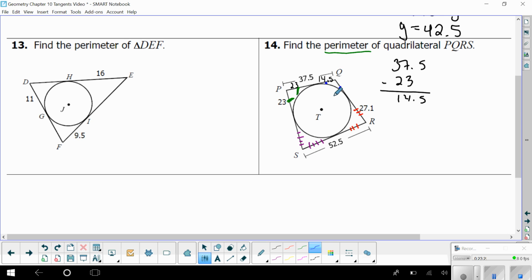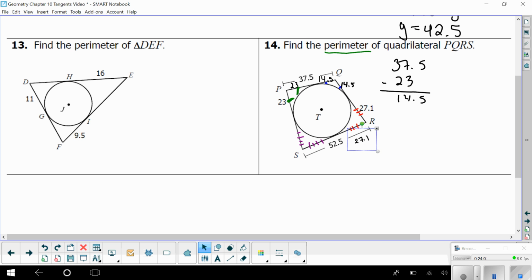Okay, so if that's 14.5, this right here has to be 14.5. If that's 27.1, this has to be 27.1. If this whole thing is 52.5 and that's already 27.1, yes, I am particular.